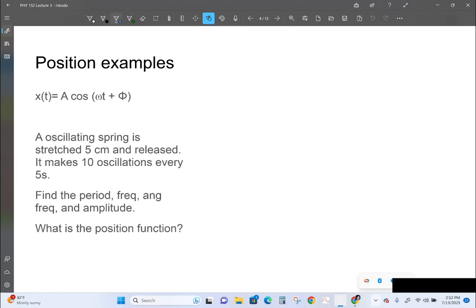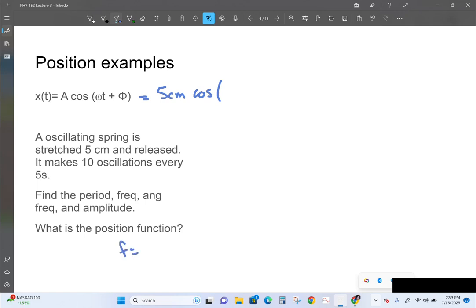All right, you should also be able to, if I give you information, find A and omega and write the generic position function. Stretch 5 centimeters, so A is 5 centimeters, cosine of omega t. So omega is 2 pi times the frequency. So let's find the frequency.